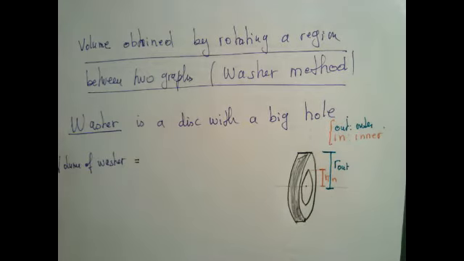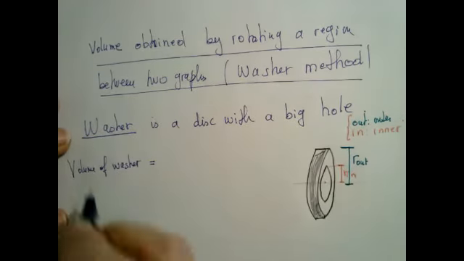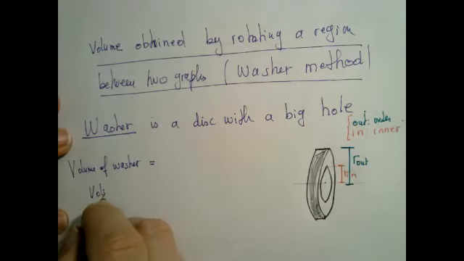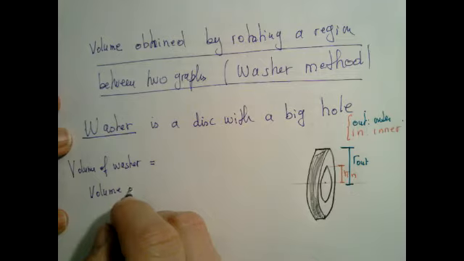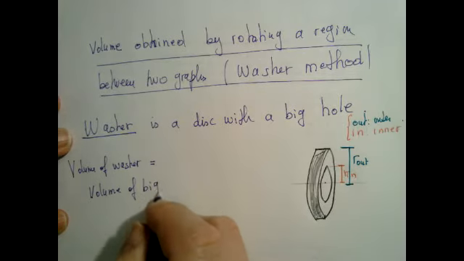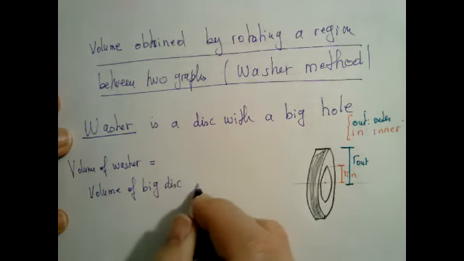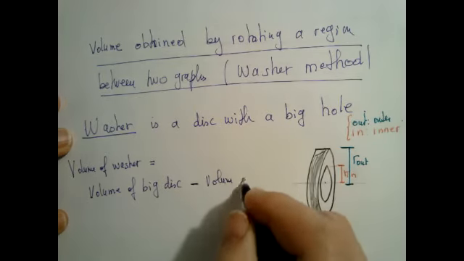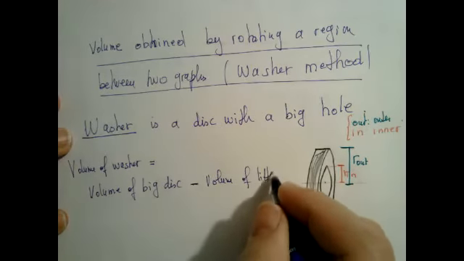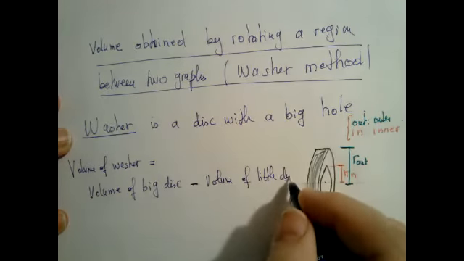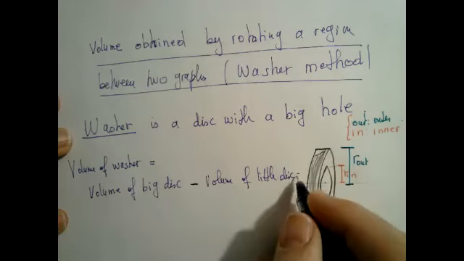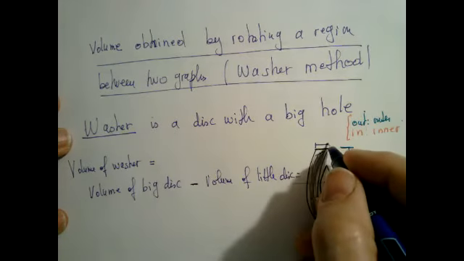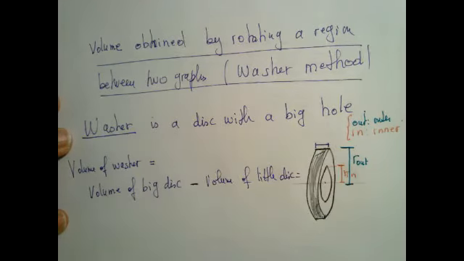Using the picture, it is the volume of the big disk minus the volume of the little disk. Now this height here usually is either my delta x or my delta y.